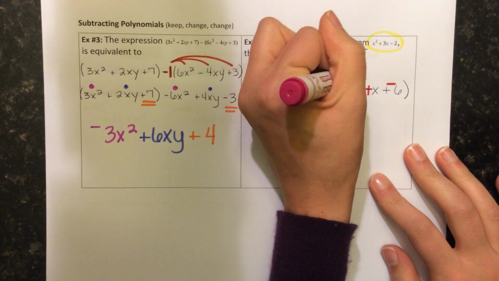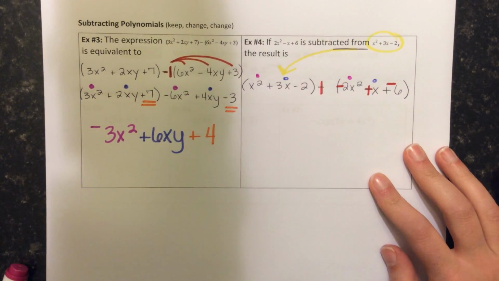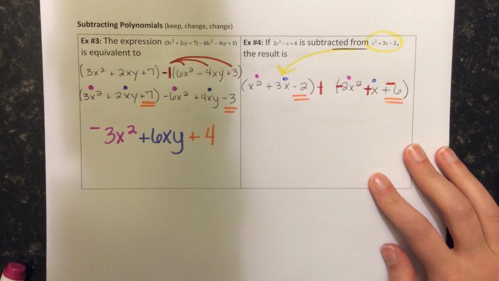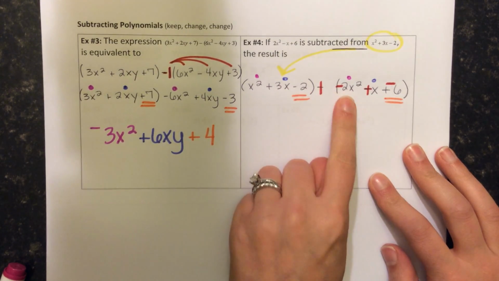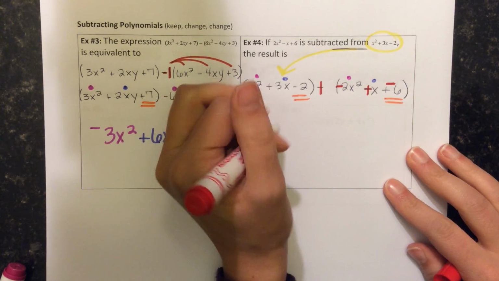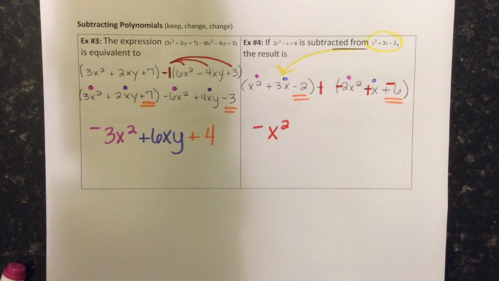So pretty much we're doing what we've been doing. I just want to make sure I can see all my terms. So now this is x squared plus -2x squared, which gives me a negative x squared. Remember, I could put a 1 in there.